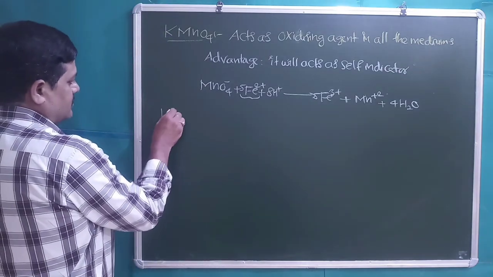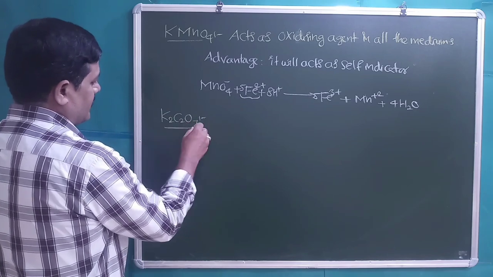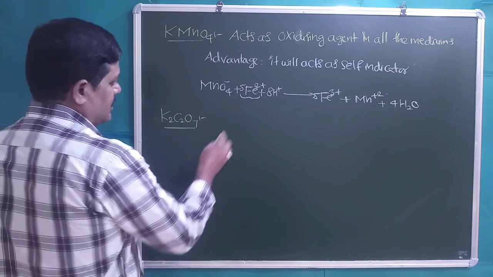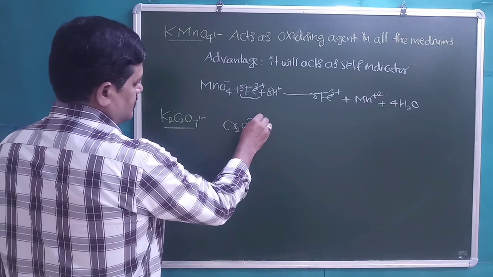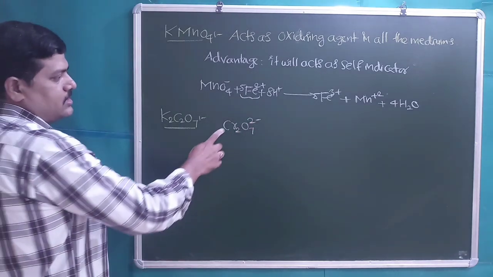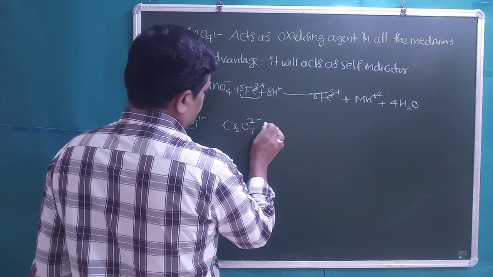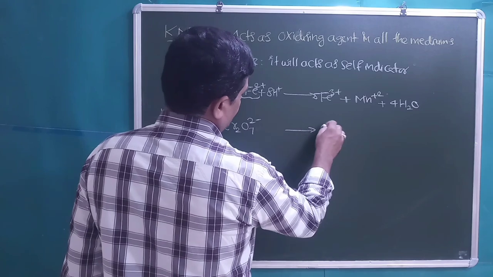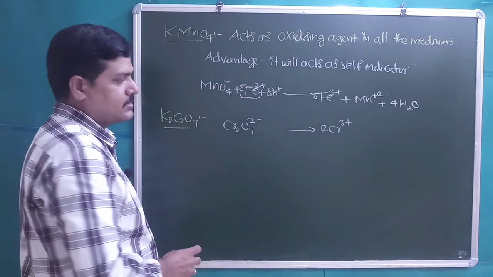Potassium dichromate, K2Cr2O7, acts as an oxidizing agent only in the acidic medium. In ionic form we can write Cr2O7 2 minus gives rise to 2Cr3 plus.